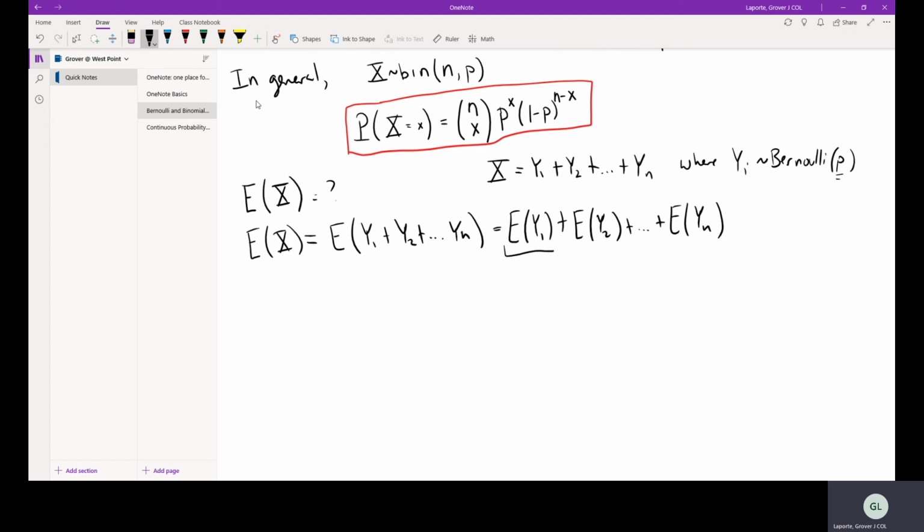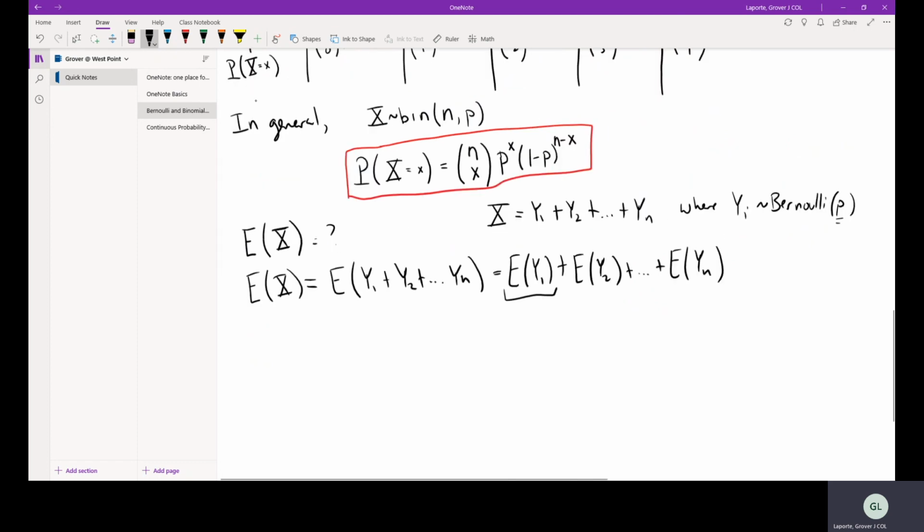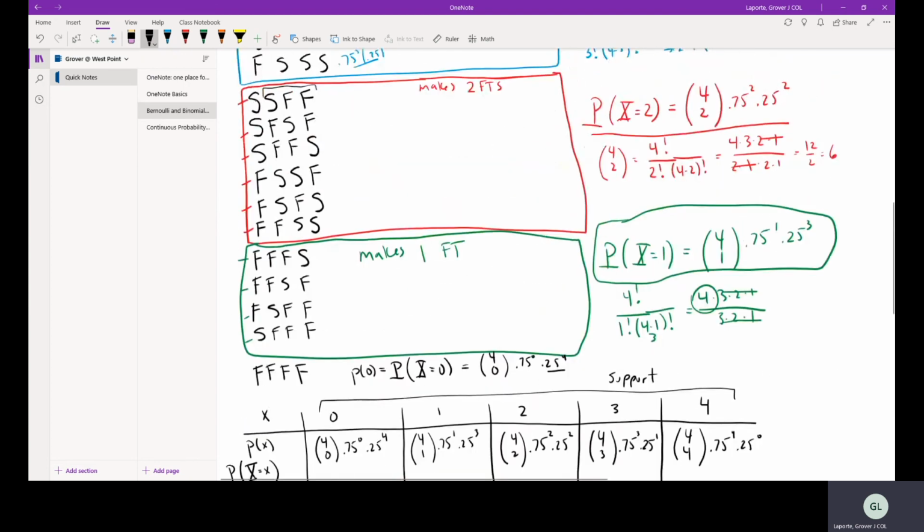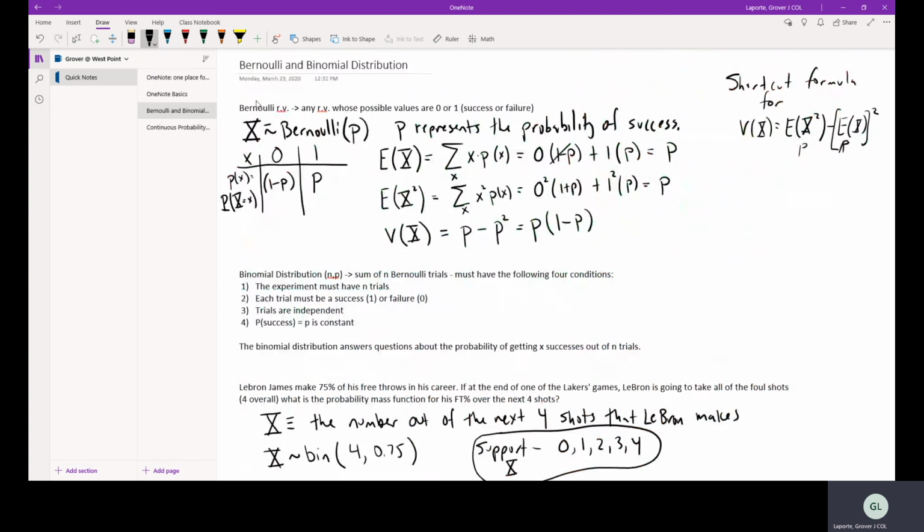Well, we found this already. At the beginning of the lesson, we found out that my expected value of a Bernoulli trial is just P. And then don't forget this one right here, the variance is P times 1 minus P, because we're going to use that here in a second as well.